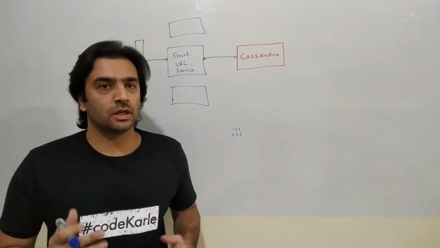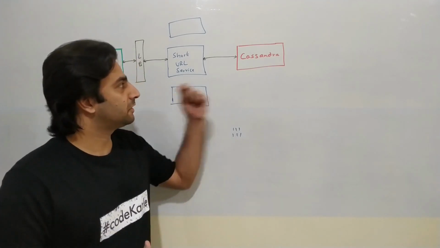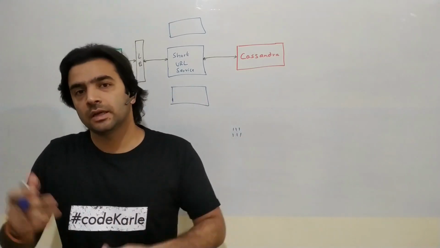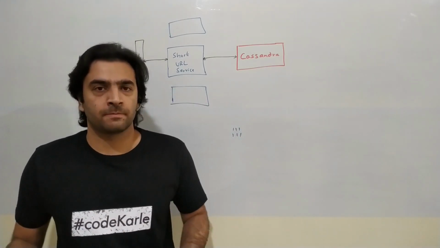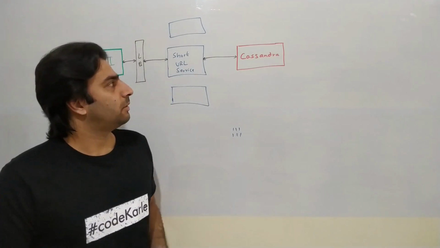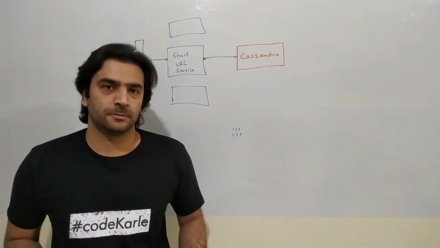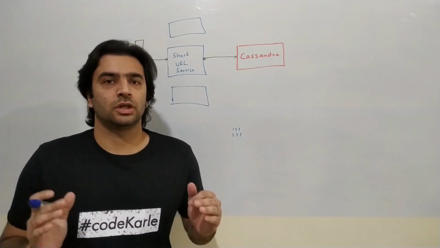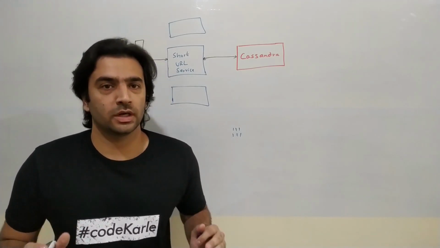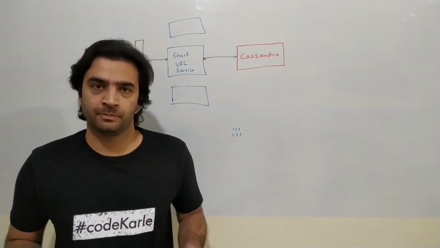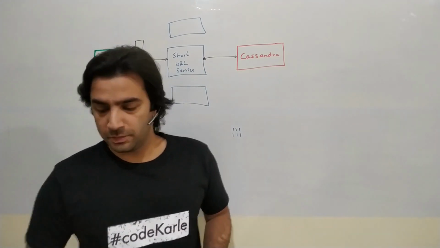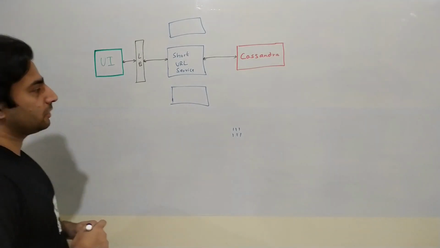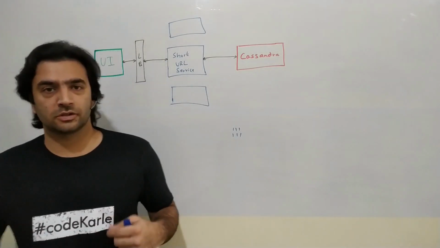You can say that a possible solution could be that we first check in the database and then retry. That would be fine, but it's not really efficient. So what we need is a predictable way to generate a short URL knowing that there would be no collisions at all. One very simple way to do that is using one of the features of Redis.